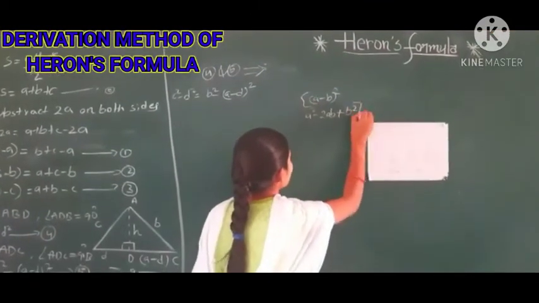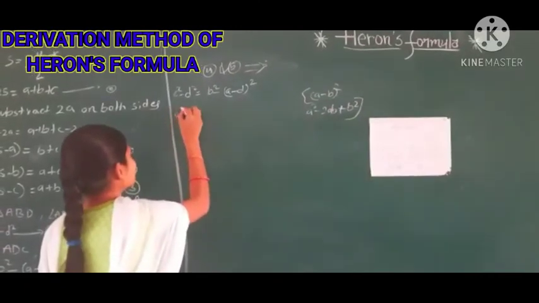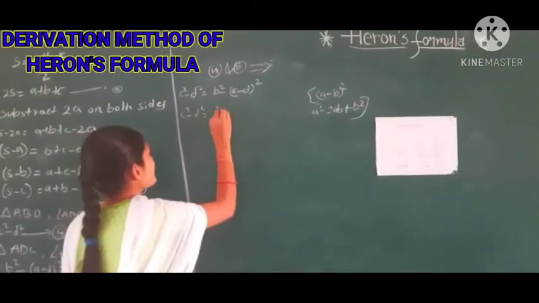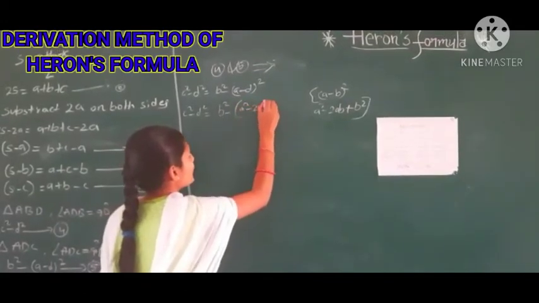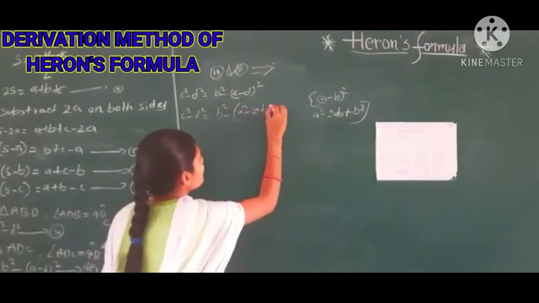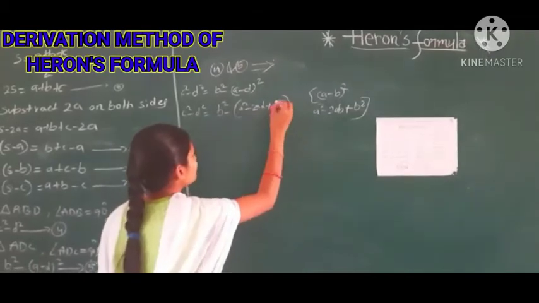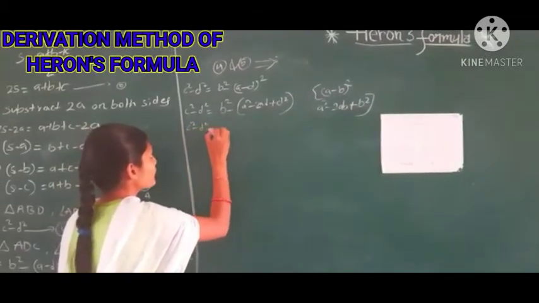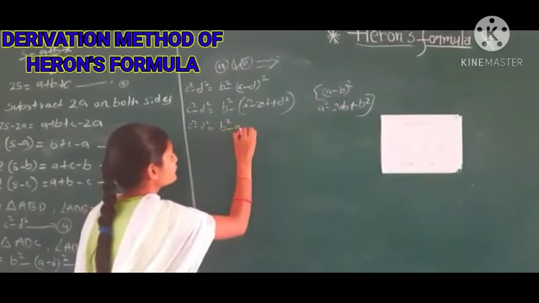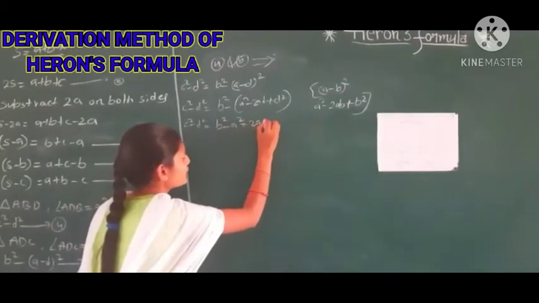We substitute this value, we get b square minus a square minus 2ad plus d square. After we simplify this, we get plus 2ad and here minus.